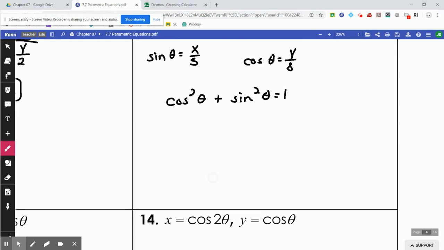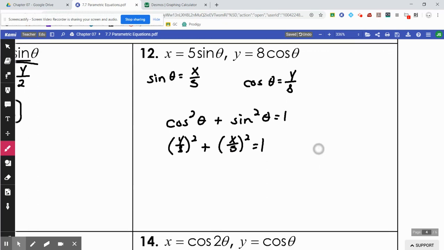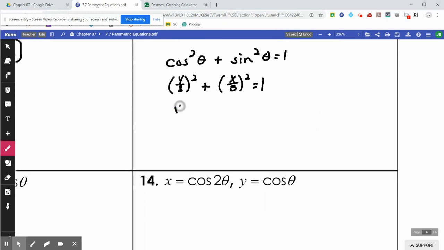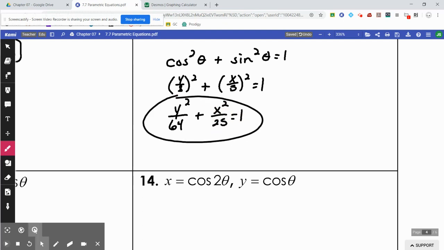So cosine squared will be (y over 8) squared when you plug it in. Sine squared will be (x over 5) squared when you plug it in. So it looks like we're going to have another ellipse: y squared over 64 plus x squared over 25 will equal 1.